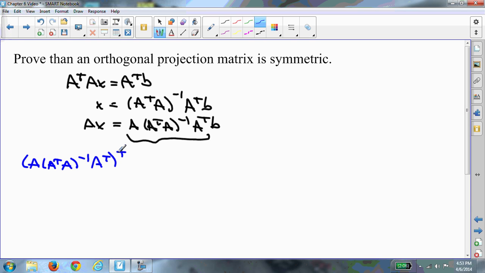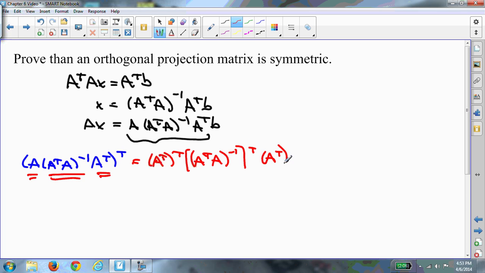So I'm going to use my transpose properties, and remember, if you have a product of matrices and you transpose them, you rewrite them in reverse. So this is going to equal A transpose transpose, (A transpose A) inverse transpose, and A transpose.